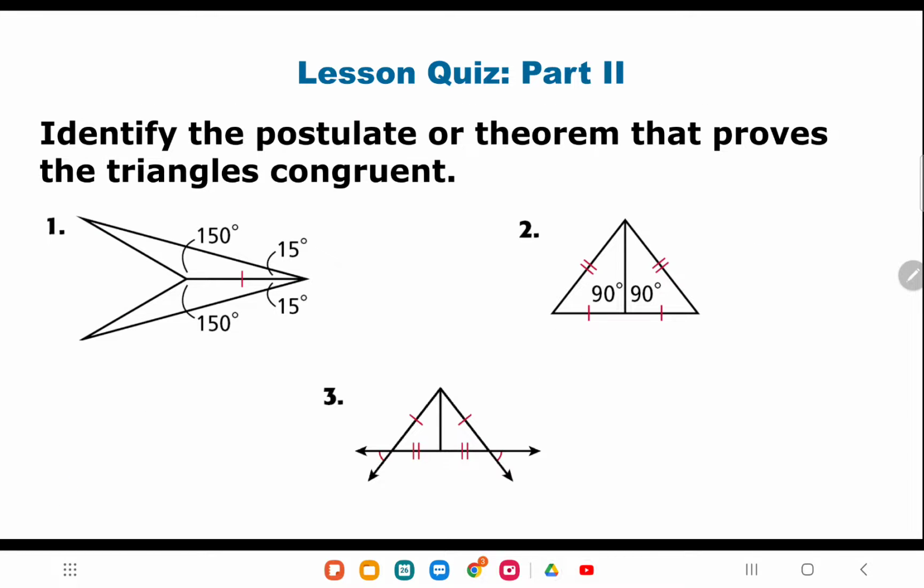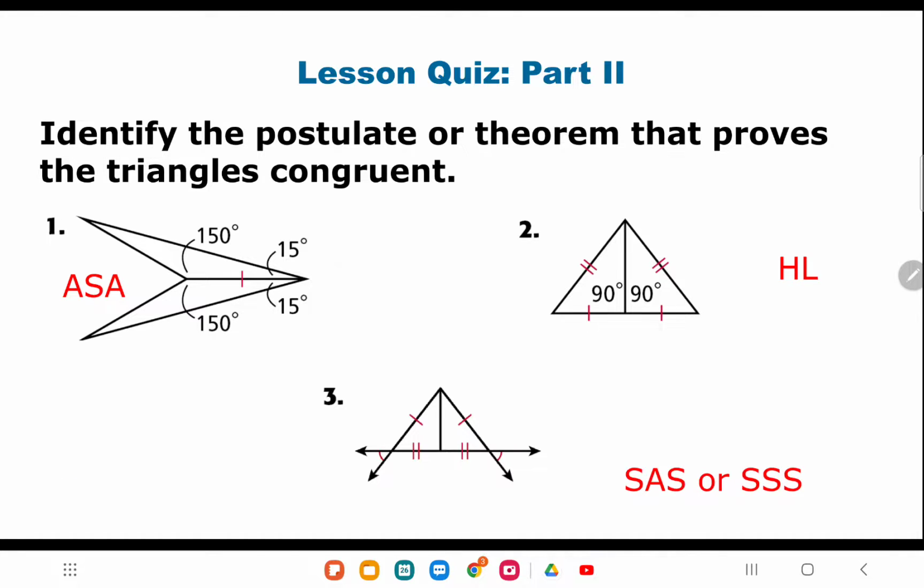Okay, another one here, postulate or theorem to prove the triangles congruent. Number 1, I hope you are thinking angle, side, angle. In problem number 2, you could say side, side, side, but you could also say hypotenuse, leg. And for number 3, we could say side, side, side, or we could say side, angle, side.